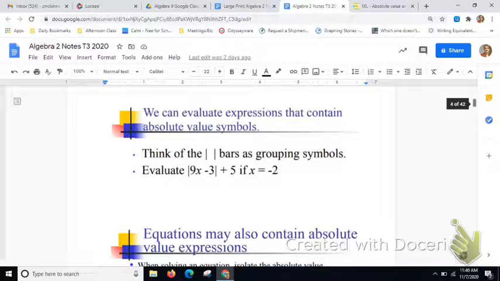All right, so that's step one. So now we can also evaluate expressions that contain absolute value symbols. So remember, expressions don't have an equal sign yet. We're not talking equations yet. And it says if x is equal to -2. So that means we would be plugging in -2 for x.